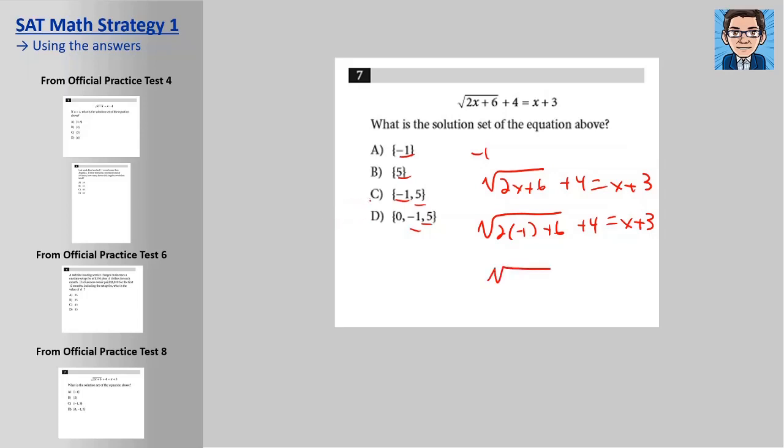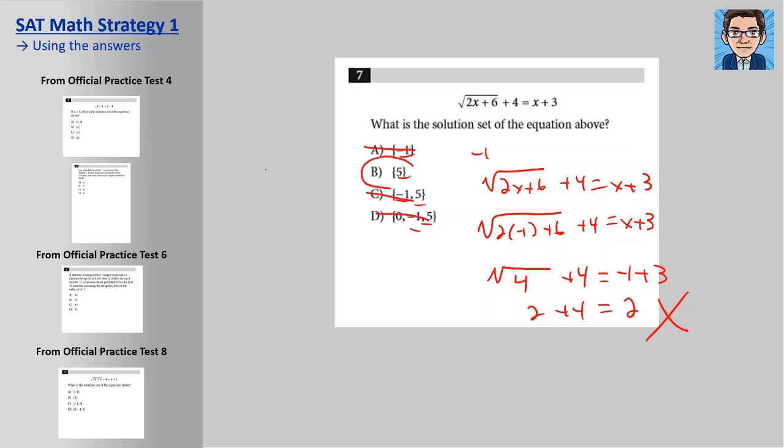So -2 plus 6, that's going to be 4, plus 4 equals -1 plus 3. Square root of 4 is 2, 2 plus 4, and that does not equal 2. So -1 doesn't work. So -1 doesn't work there, doesn't work there, and doesn't work there.